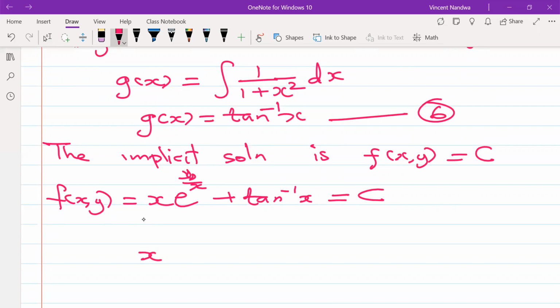So the solution is x e power y over x plus tan inverse of x equals c.